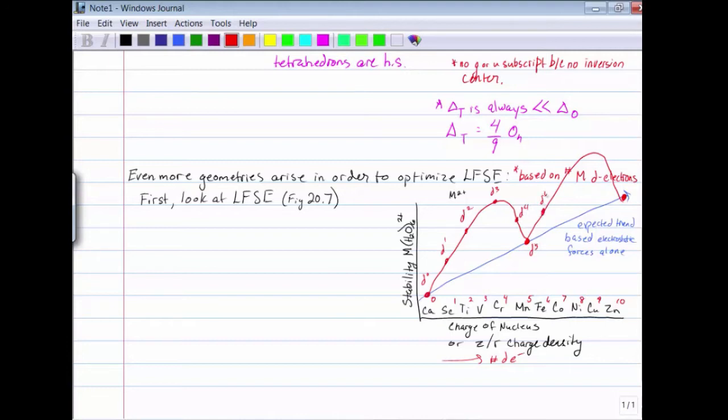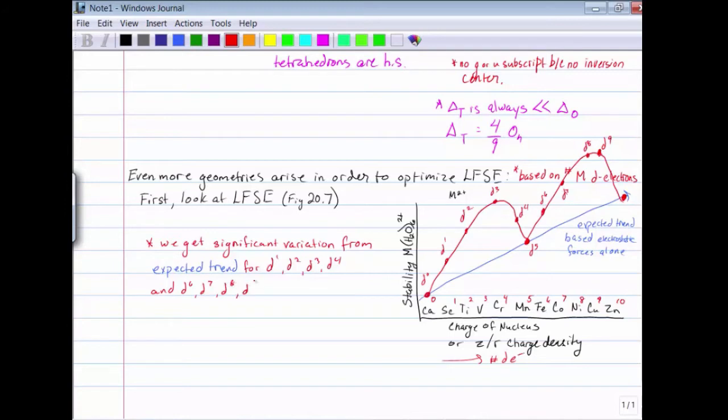D6 increases, D7, D8 is almost at the maximum, but D9 is a little bit higher, and then D10 falls right back to that trend. So what we get here in the actual stabilities is a significant variation from this expected trend for D1, D2, D3, D4, and D6, D7, D8, and D9.